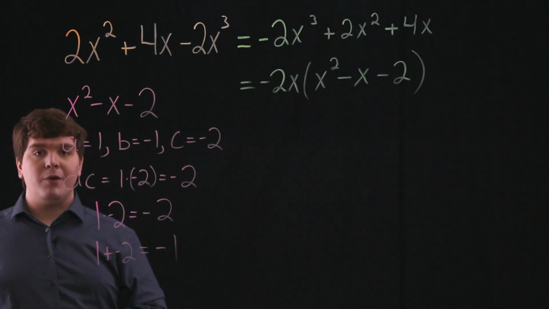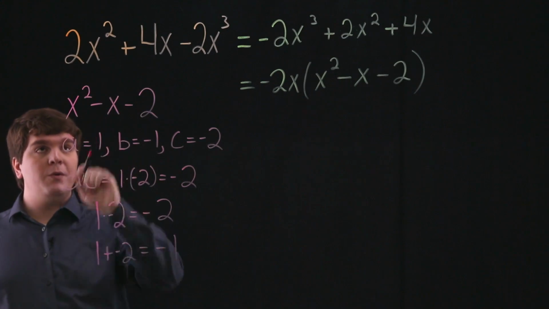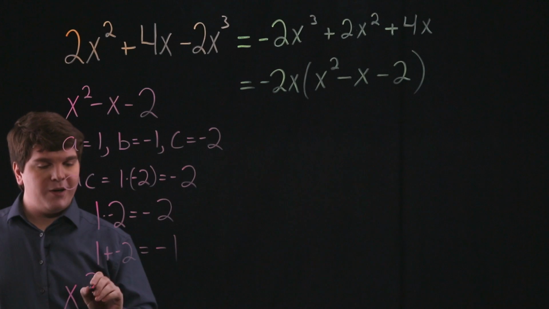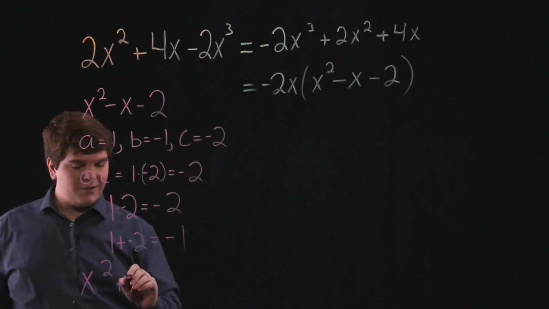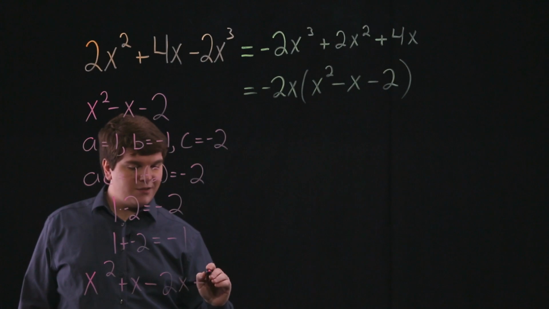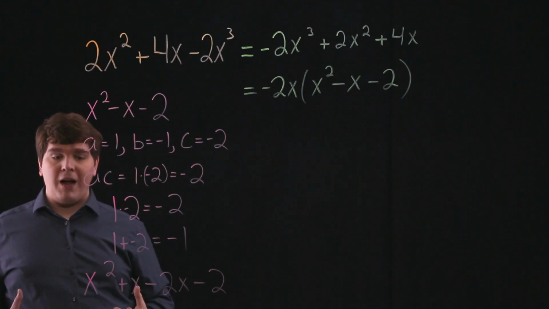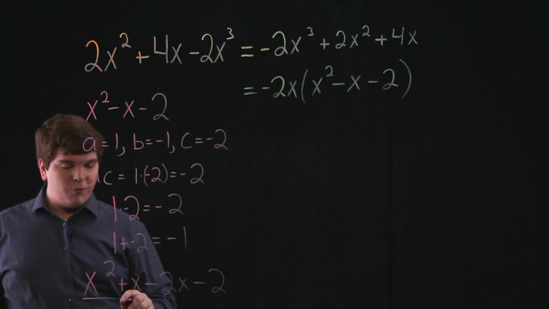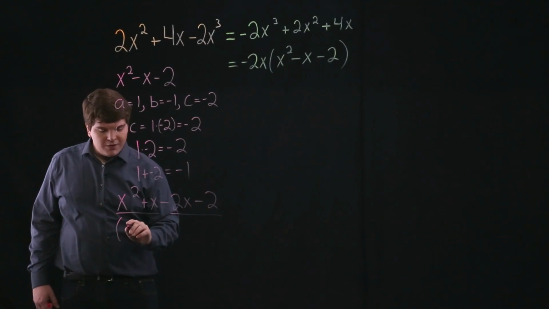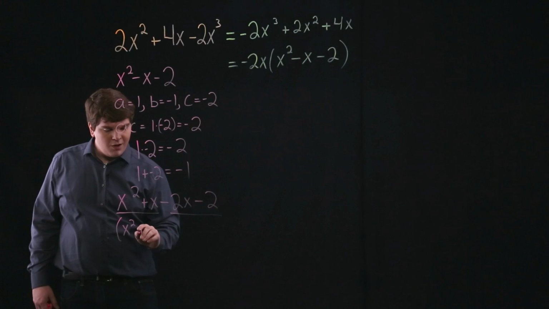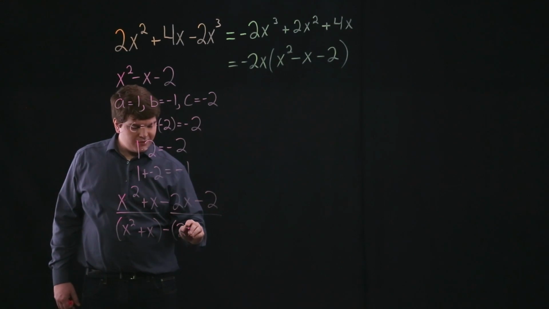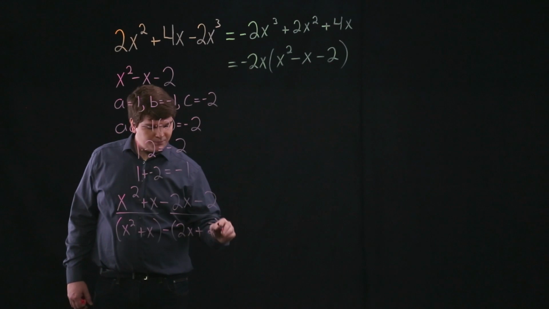So going back to our polynomial, we can rewrite x squared minus x minus 2 as x squared plus x minus 2x minus 2. And since we're factoring by grouping, we'll group the first two terms and the last two terms. So this can be rewritten as x squared plus x minus 2x plus 2.